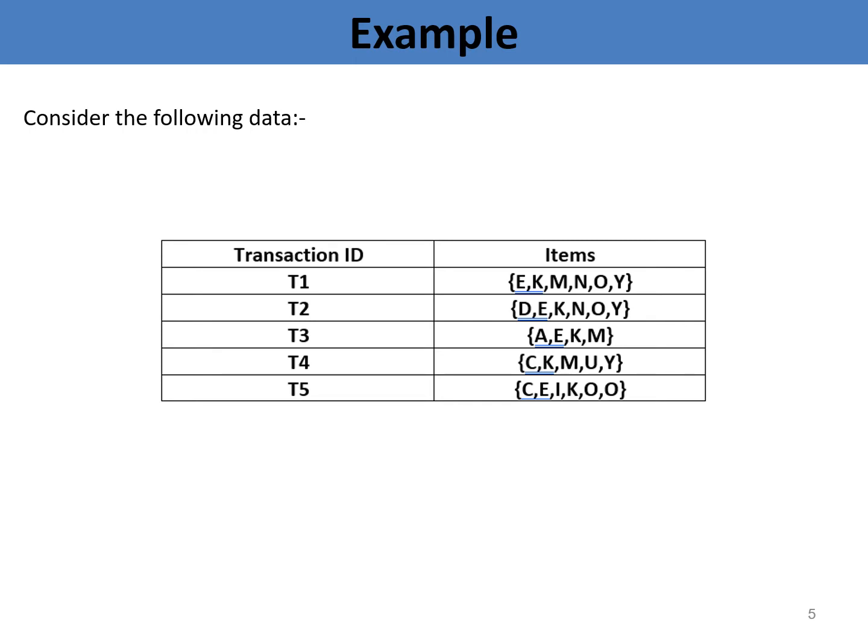So let's understand all this with the help of an example. This is transaction data having 5 transactions. These are the items. For example, in transaction 1, there are 6 items: E, K, M, N, O, and Y. We have to apply the FP growth algorithm on this data.